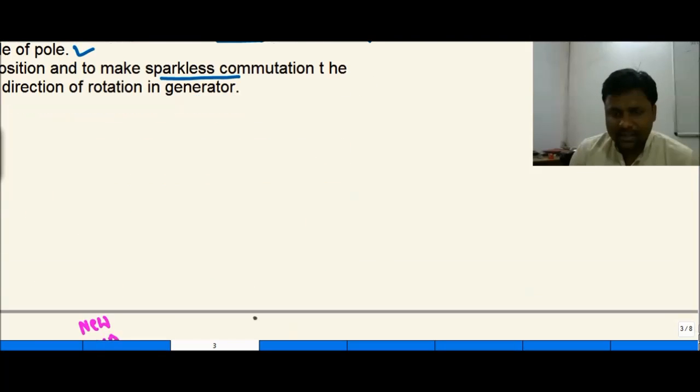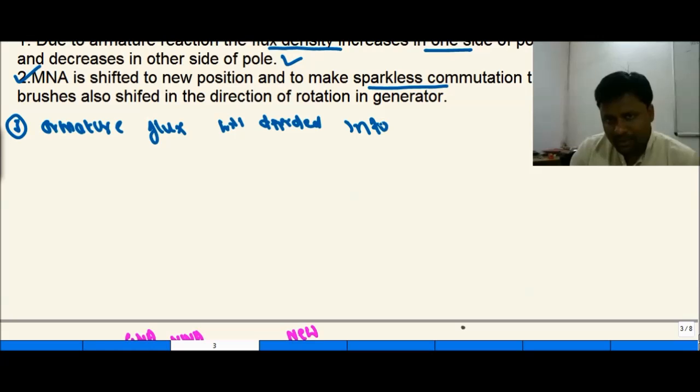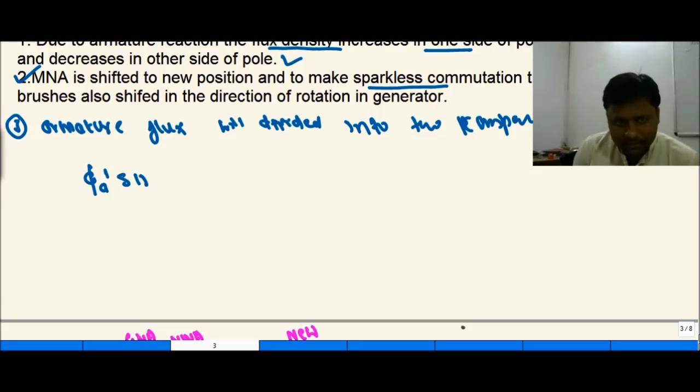So the third thing that we have to learn is that the armature flux is divided into two components. It is phi A dash sin theta and phi A dash cos theta.